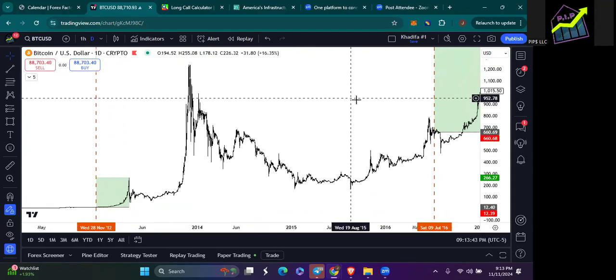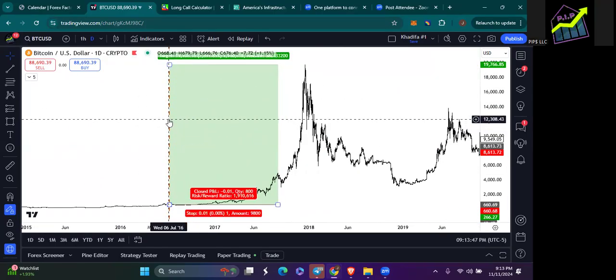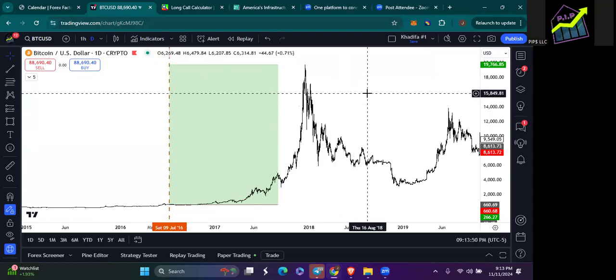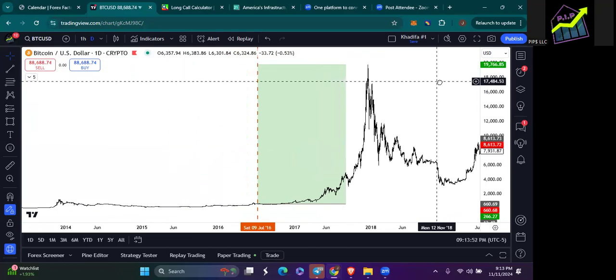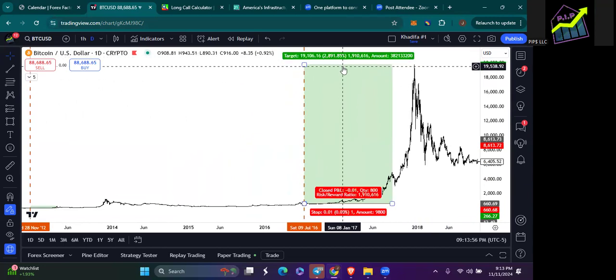All right, we continue to go over. Next Bitcoin halving, 2016, Bitcoin increased 2,891%, 2,800%.